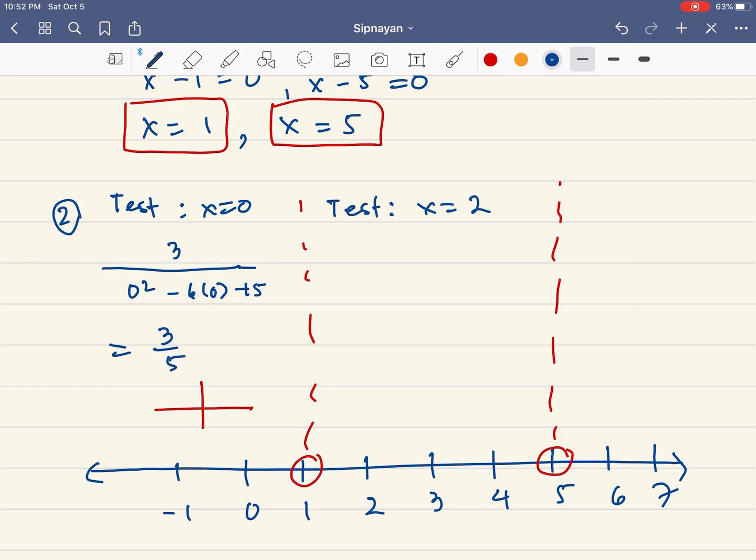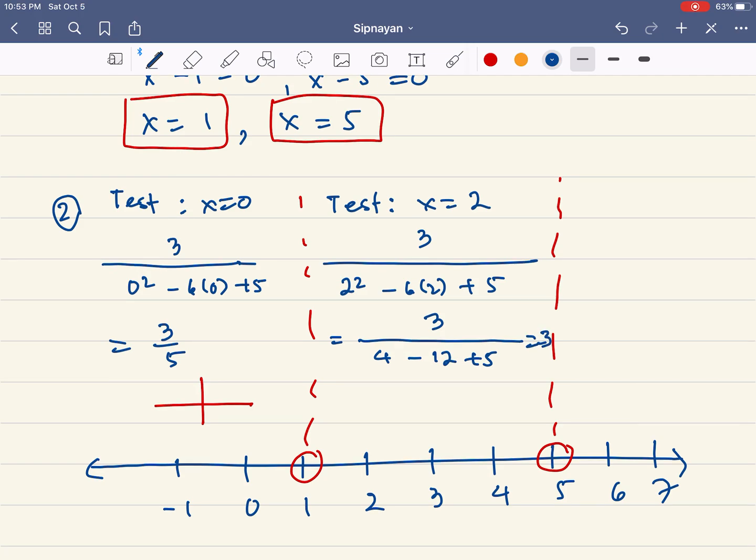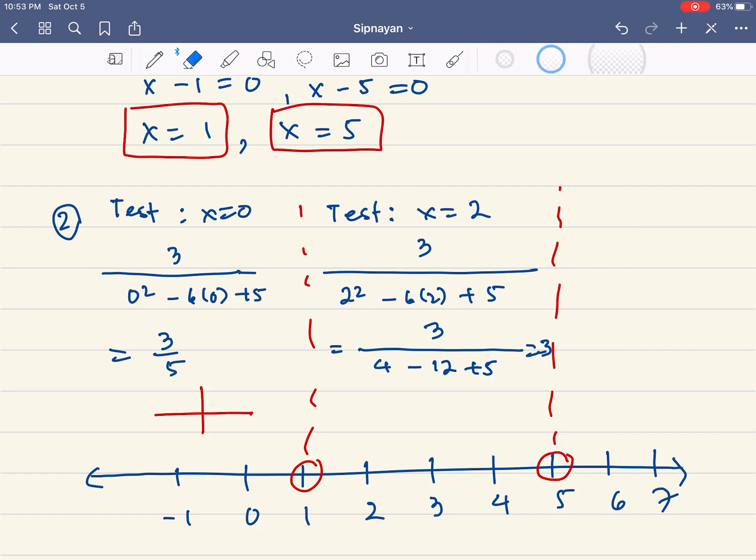So that's 3 over 2 squared minus 6 times 2 plus 5, which is equal to 3 over 4 minus 12 plus 5. 4 minus 12 is negative 8.